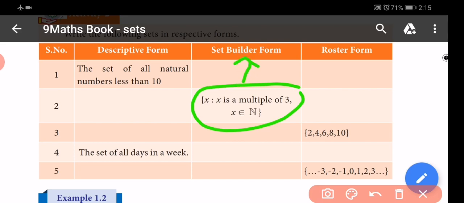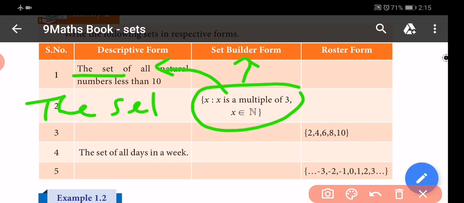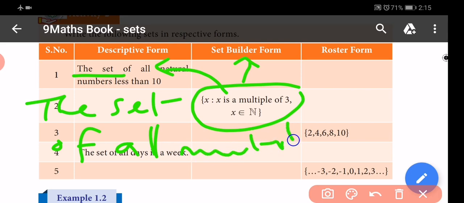We change this into descriptive form. So in descriptive form, how do you start? You start with the set of all multiples of 3. All multiples of 3. That's all. Only using statements. Okay.